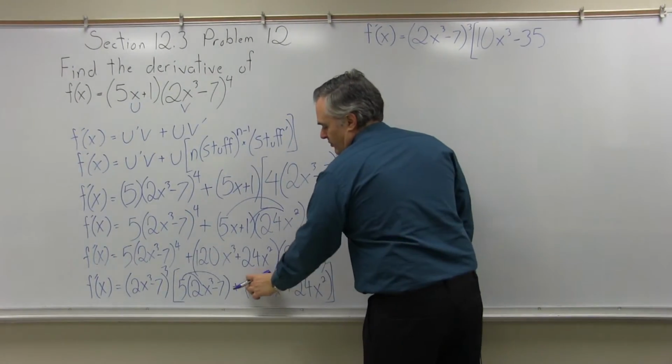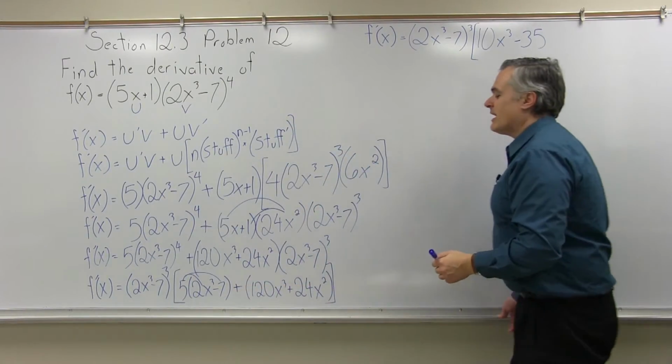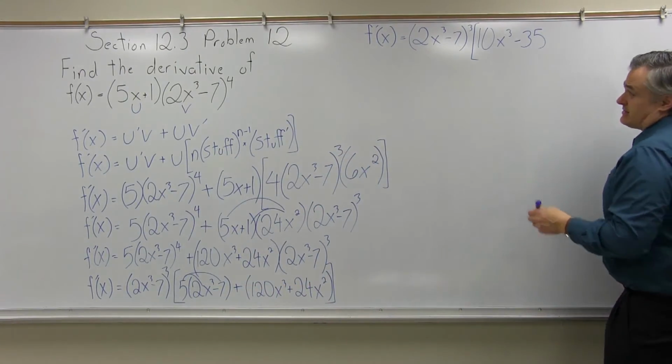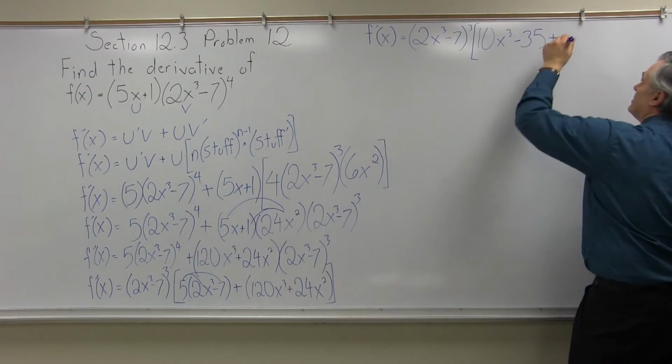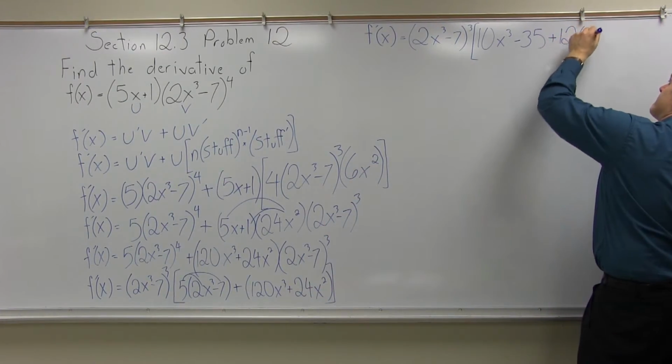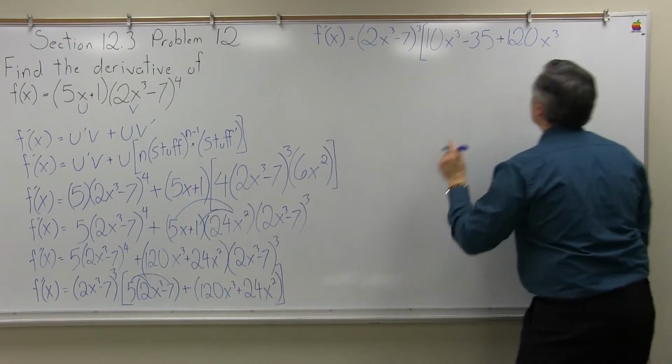And the other parentheses in there don't really have anything in front. It's kind of understood to be a 1, but I don't really need to write the parentheses, so I can just put plus 120x cubed plus 24x squared.